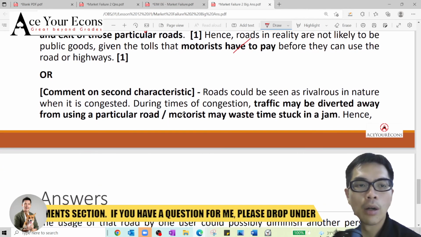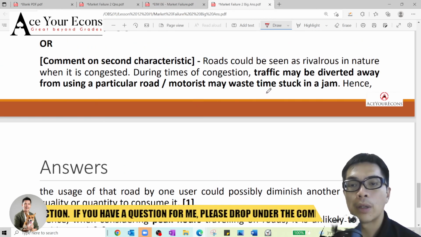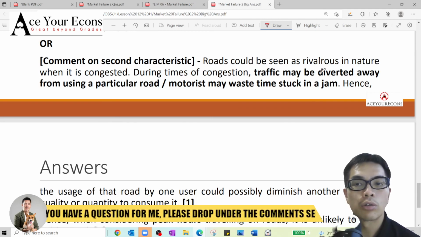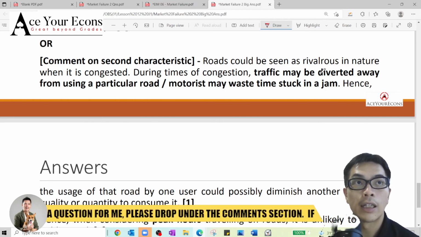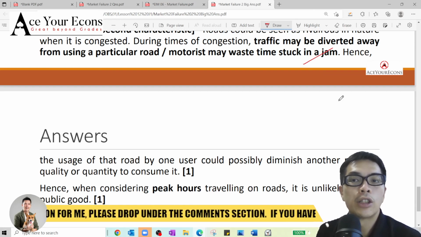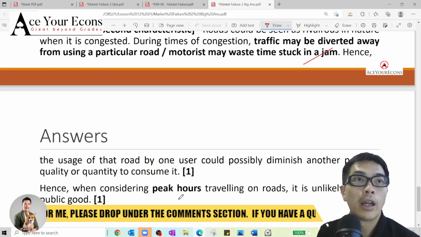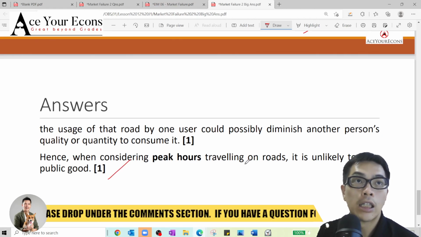Or you can talk about rivalrous. During peak period, road consumption could be rivalrous because traffic may need to be diverted elsewhere. The motorists will have to use another road, which may lead to longer traffic timing, or they may be stuck in a jam. Therefore, when you're traveling during peak hours, it's unlikely to be a public good.